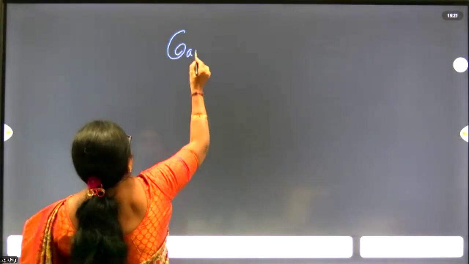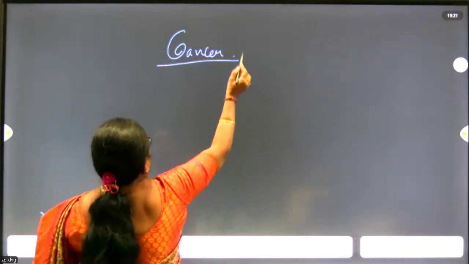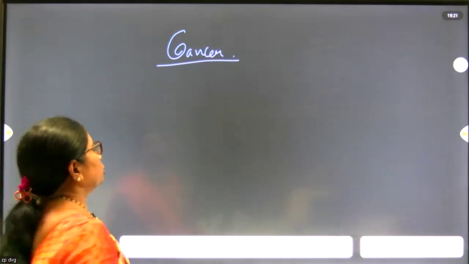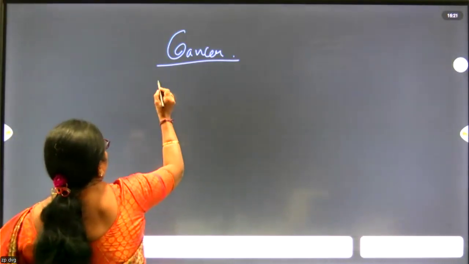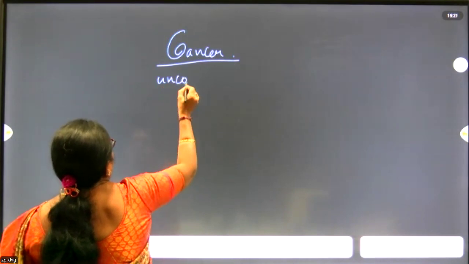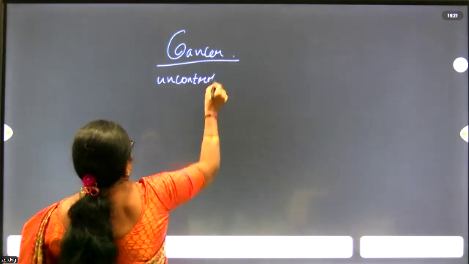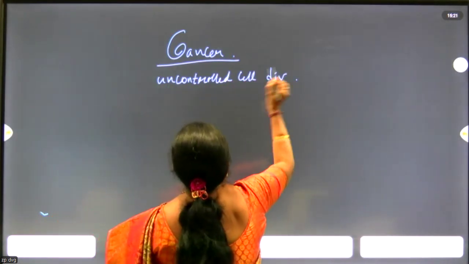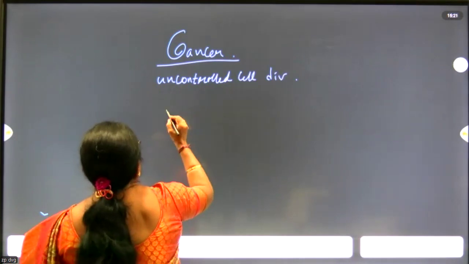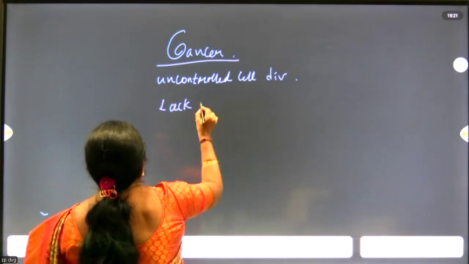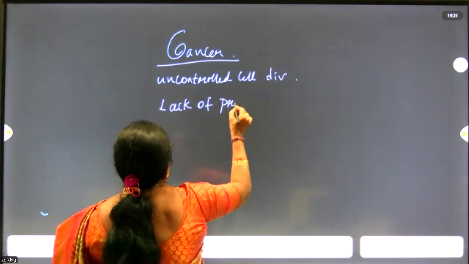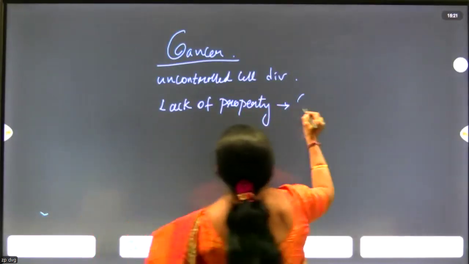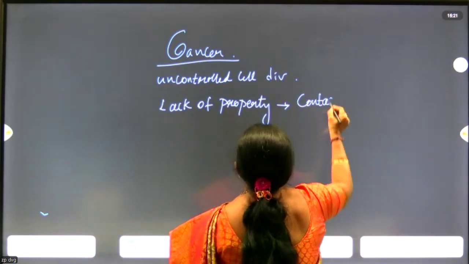Cancer. So non-infectious disease. So this is due to uncontrolled cell division. And uncontrolled cell division is because of lack of a property of the cells called contact inhibition.